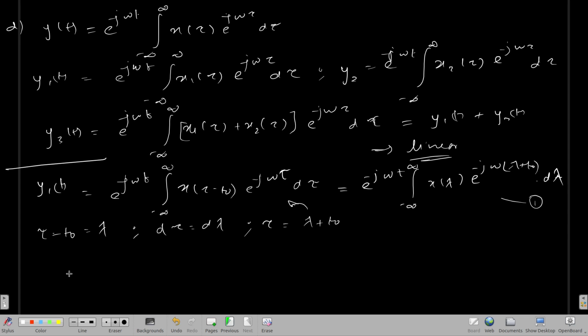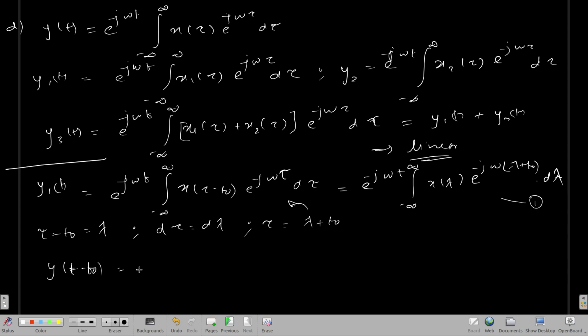Now we want to see what is the total response of the system if the output is to be shifted by an amount t0, right? Then it means the whole thing on the right side should be shifted.